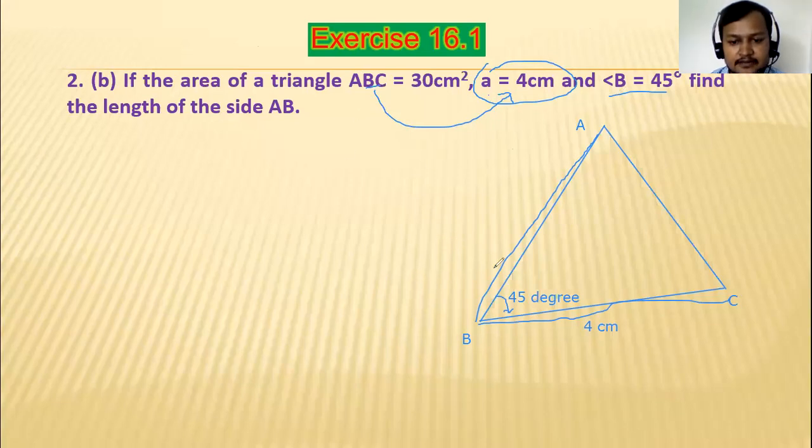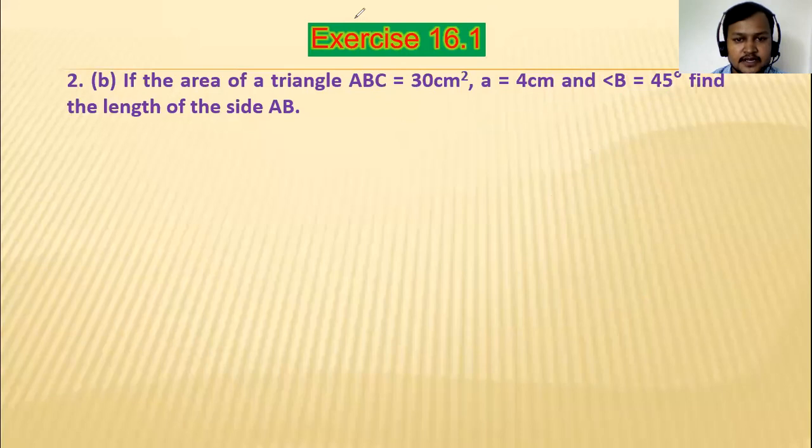Then by using the formula, area is 1/2 product of two sides into sine of the angle between them. Product of two sides means AB into BC sine 45 degrees. This 30 square centimeter area is equal to 1/2 AB into BC sine 45 degrees.